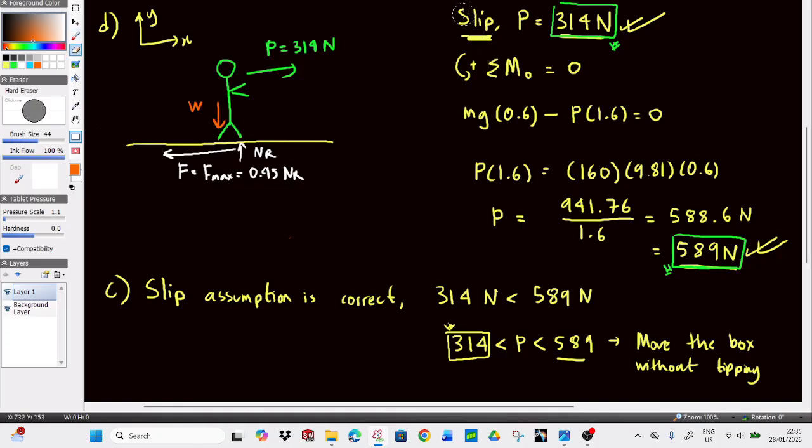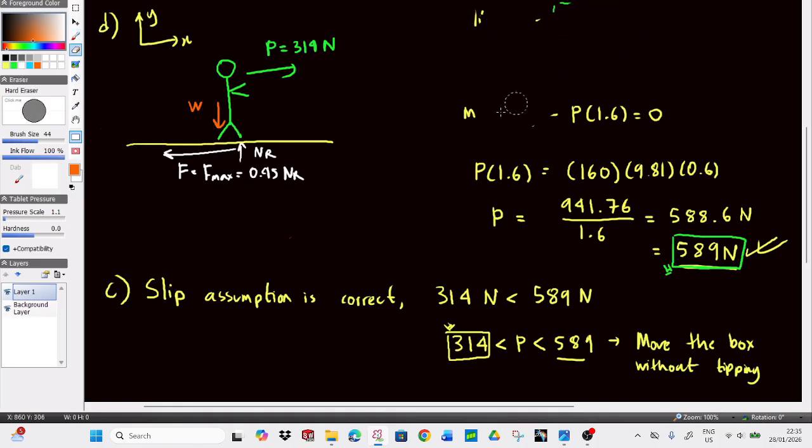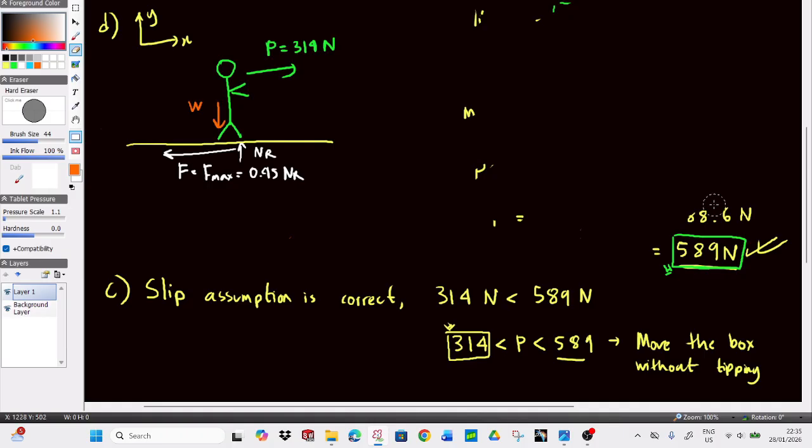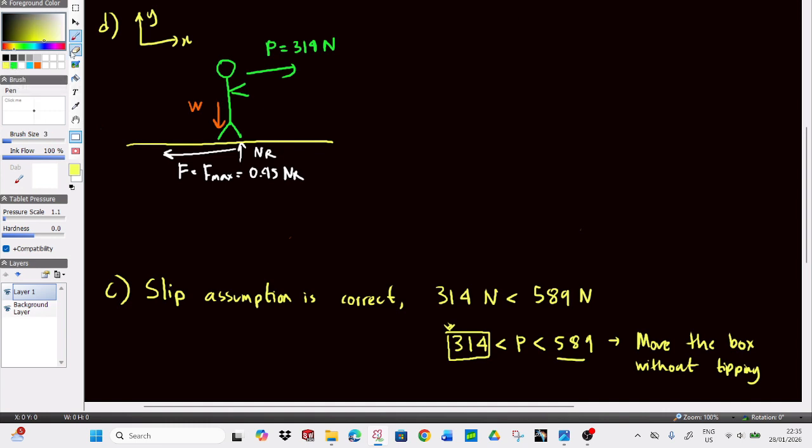I'm gonna erase this real quick. It's a pretty simple part of the calculation, but let's just do it together. Our summation of Fx equals 0, that means P minus F equals 0. Our F is equal to P, which is 314 Newton.